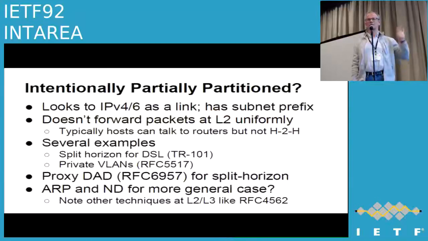And there might be deployments where people say hosts should never talk. So it's the L2 behavior that fundamentally restricts communication, and then there are potentially L3 policies that further restrict things. But the implications for neighbor discovery, DAD, ARP, are due to the L2 behavior.